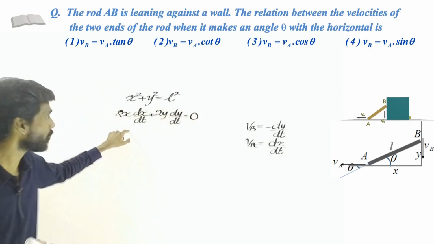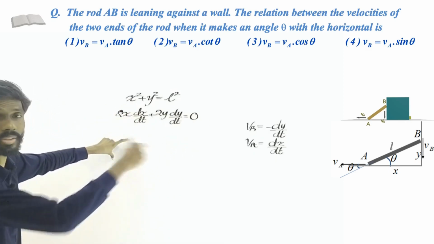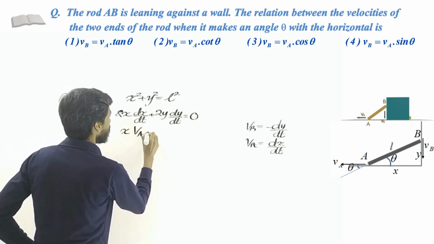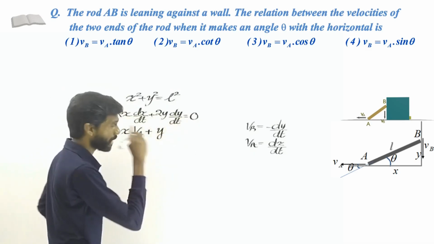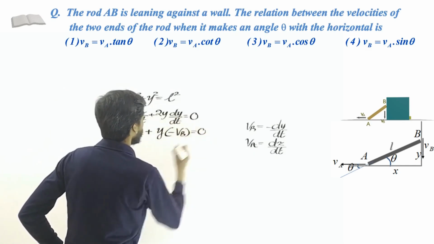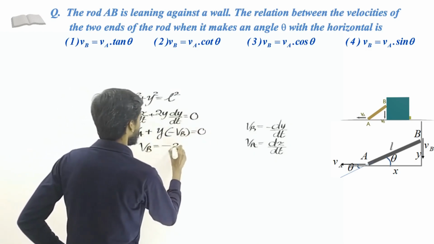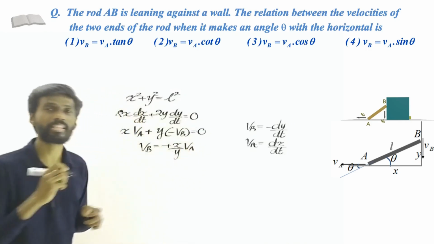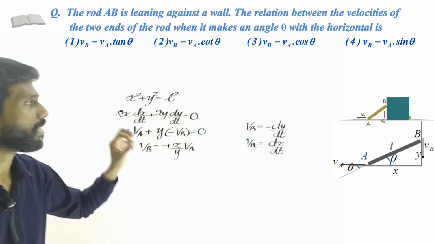So this is the relation, but we know that dx by dt is the velocity of the point A, so this is x multiplied by the velocity of A, plus similarly, after dividing by 2, dy by dt is the negative of the velocity of the point B, that equals 0. So velocity of B equals plus x by y times velocity of A. But x and y are not known; instead theta is given.